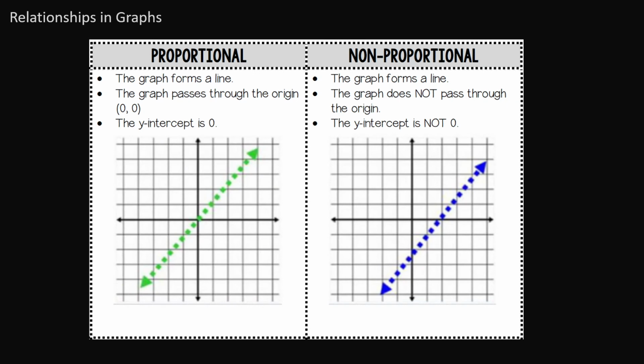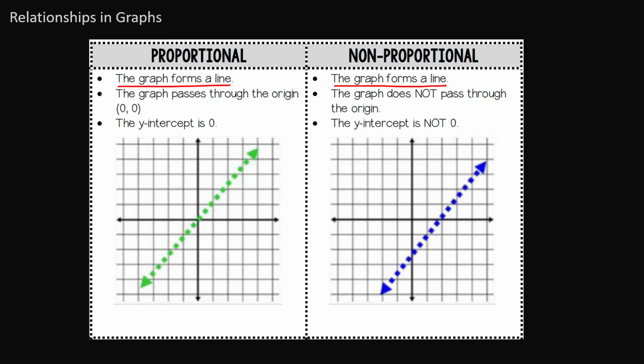Let's look at graphs, comparing proportional and non-proportional graphs side by side. They do have one thing in common, and that's that the graph forms a line. Proportional and non-proportional relationships are linear. Back to the proportional side, a proportional graph passes through the origin.